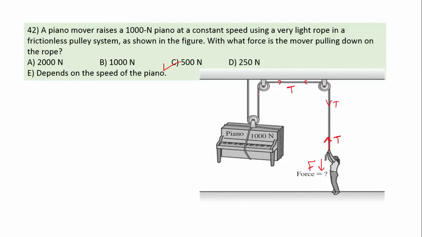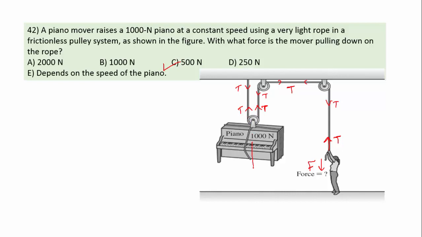And this will also be the same tension here, action and reaction. The rope is massless, so the tension here is the same as the tension here, and of course this is the pull, action and reaction. So there are two forces acting on the piano upward, this tension and this tension, the two tensions.